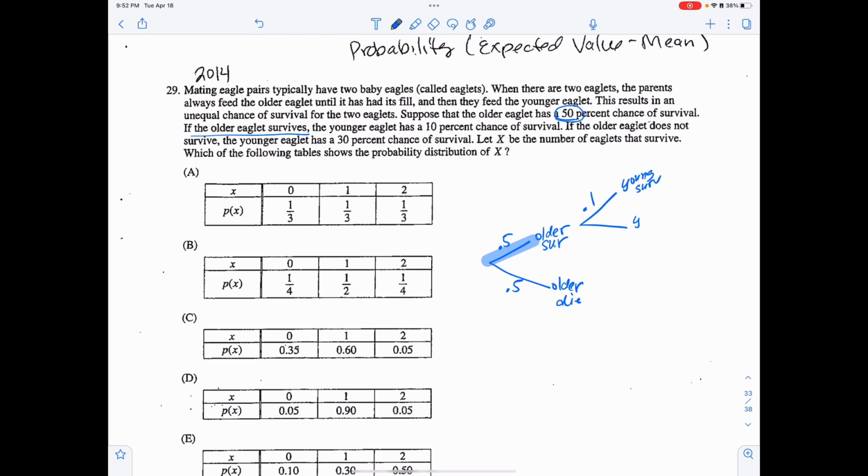And then young die is going to be 90%. If the older does not survive, so now we are on this tail here, if it dies, then the younger has a 30% chance. So young survive, young die.